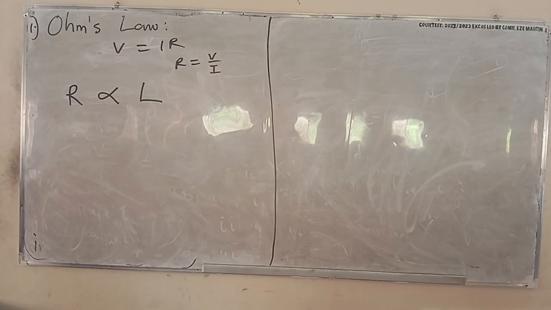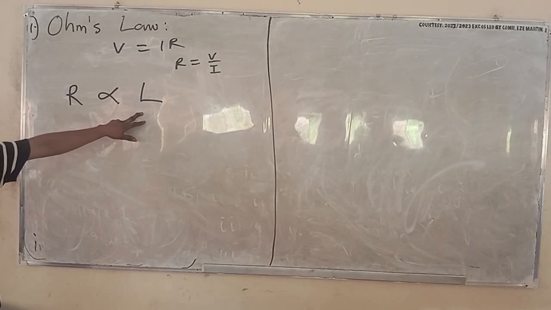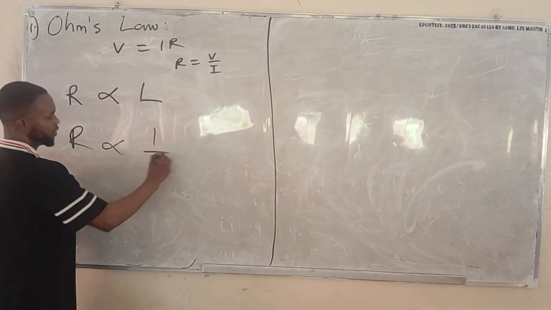Everybody is seated together, compacted, jam-packed. You will see that movement is limited. But as we are now, we have so much space for everybody to sit down, so there is flow. That is why we say that once the area is big, resistance is small, and when the area is small, resistance is high. So they vary inversely, so 1 over A.